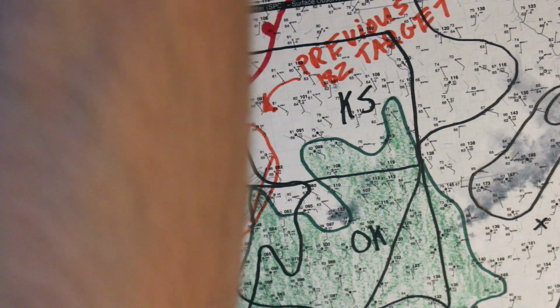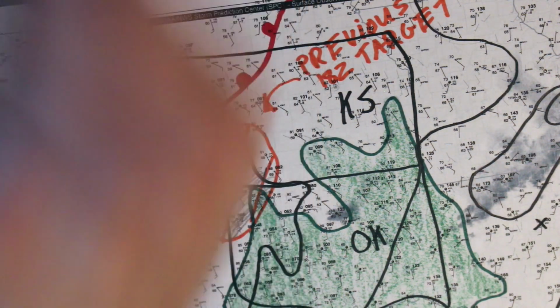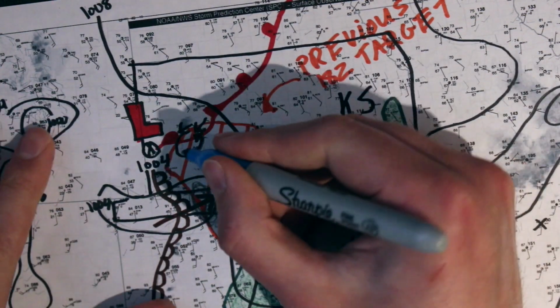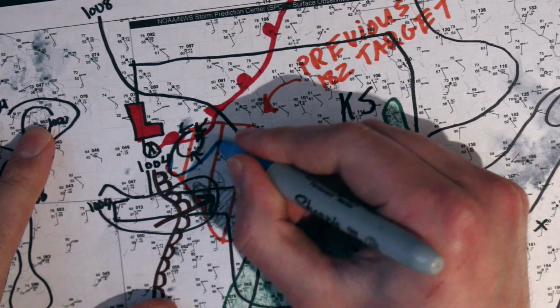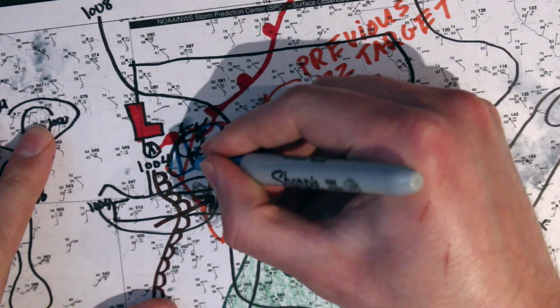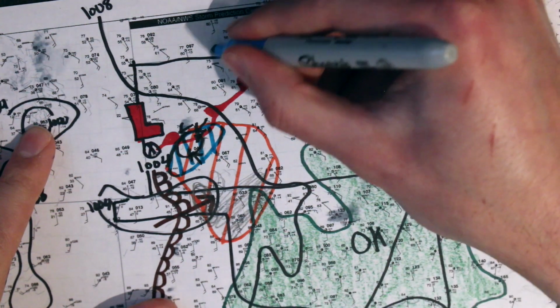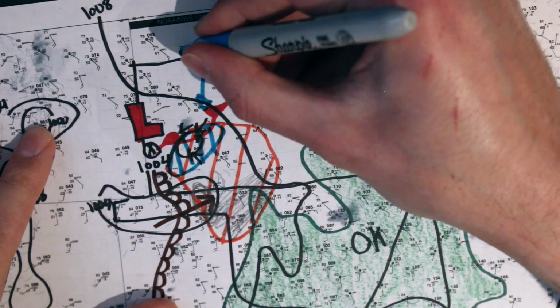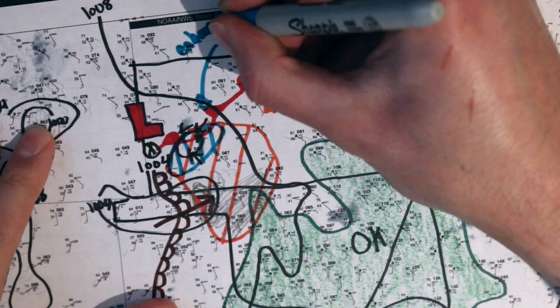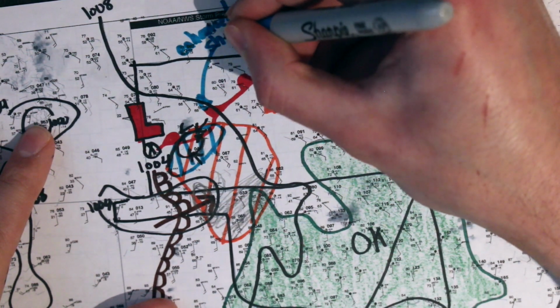So here I would take a marker, completely different marker, maybe a light blue one. Circle this area here. Hash that. This is an area of enhanced shear.